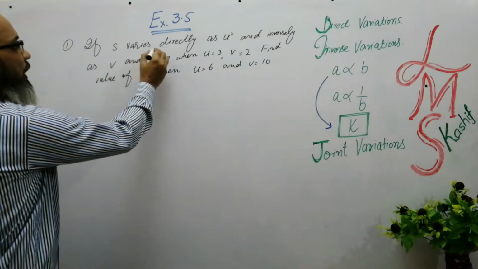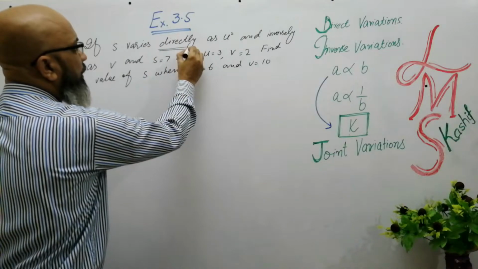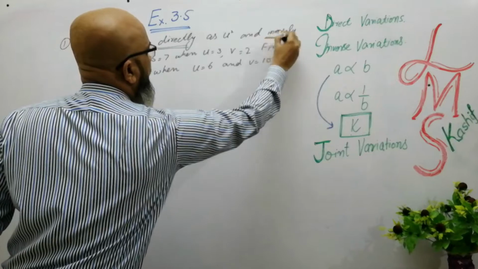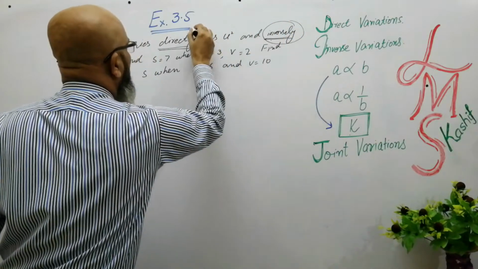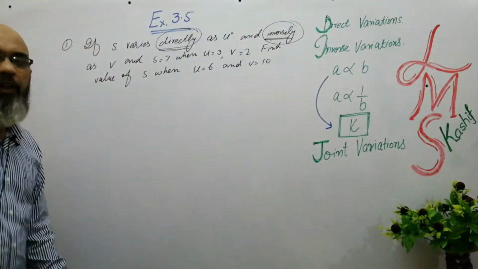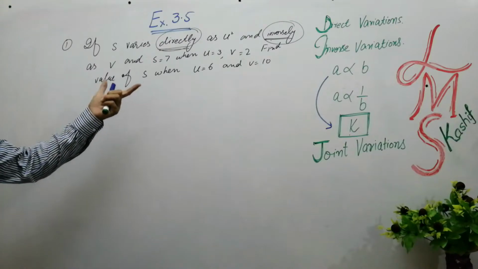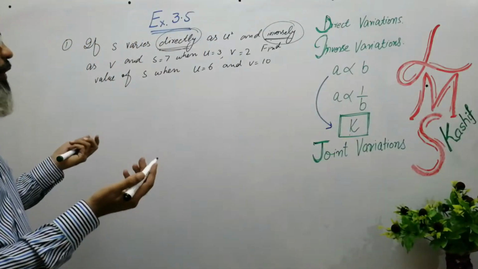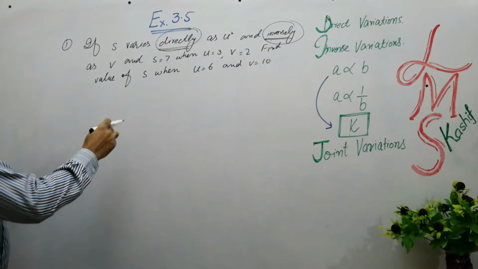If S varies directly as u square, and inversely as v, this question uses both direct variation and inverse variation. So that is called joint variation. First we have to write this in variation form.